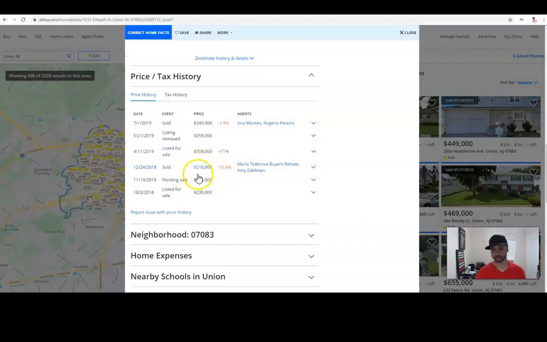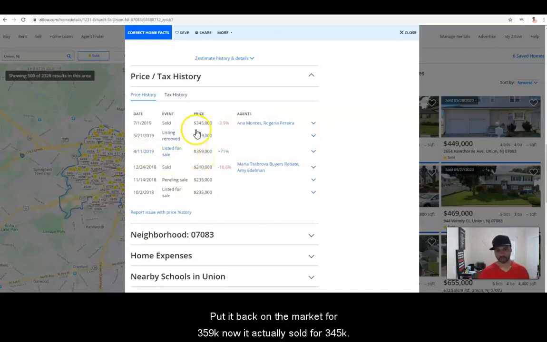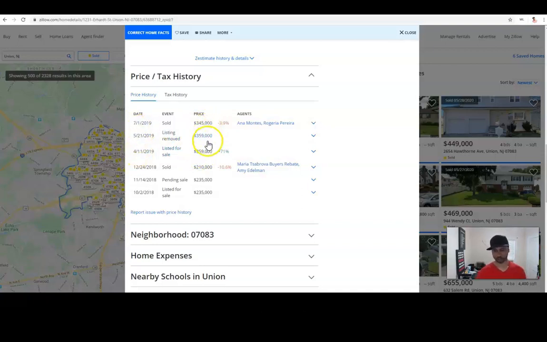Somebody bought this, an investor, because you can see that they bought it 12/2018, and just about 4 or 5 months later, they put it back on the market for 359. Now they actually sold for 345. They held it for about 3 months after that and sold it for 345.